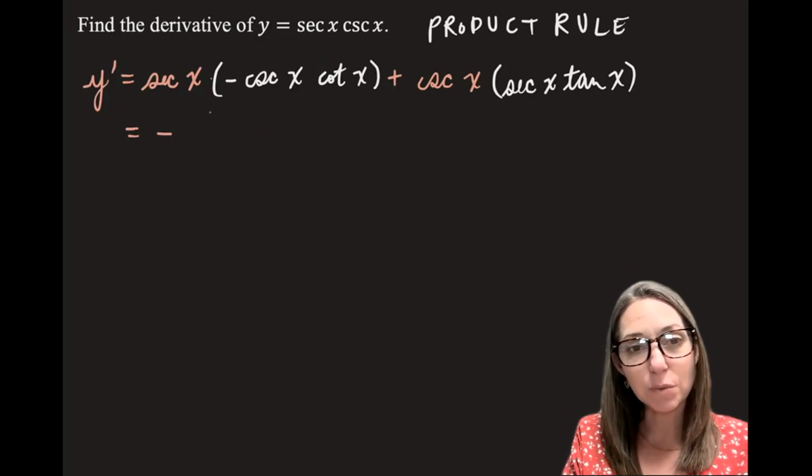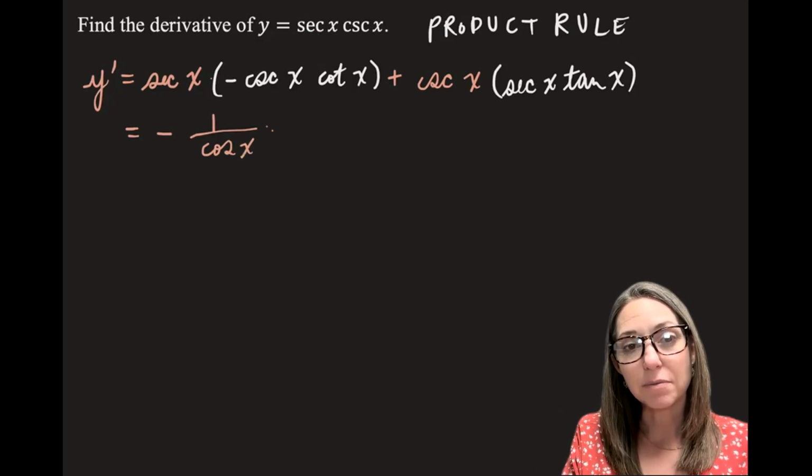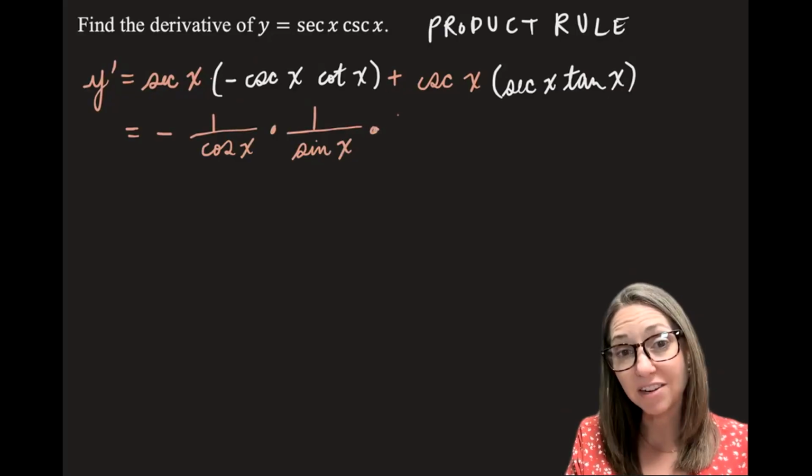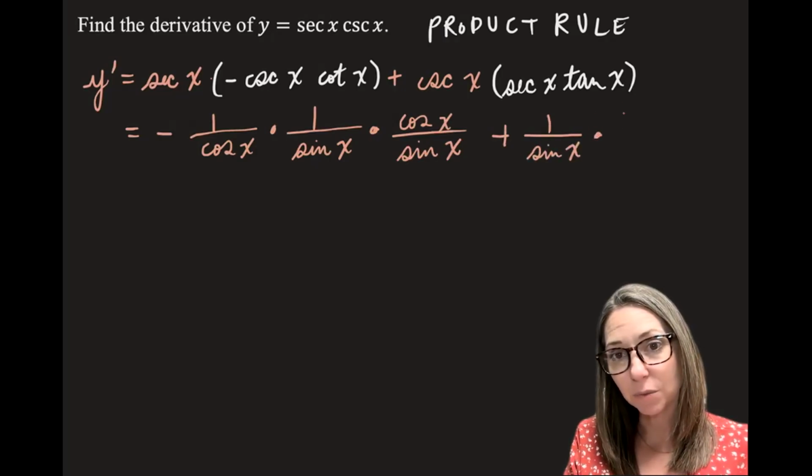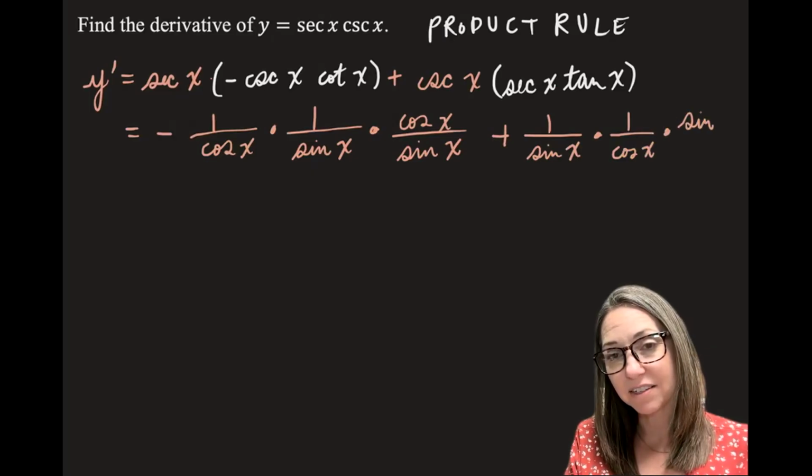So secant x we can rewrite as 1 over cosine of x, times cosecant of x, that's 1 over sine of x, times cotangent of x, that's cosine over sine of x. Okay, and then we have plus cosecant of x, again 1 over sine of x, times secant of x, that's 1 over cosine of x, times tangent of x, that is sine of x over cosine x.